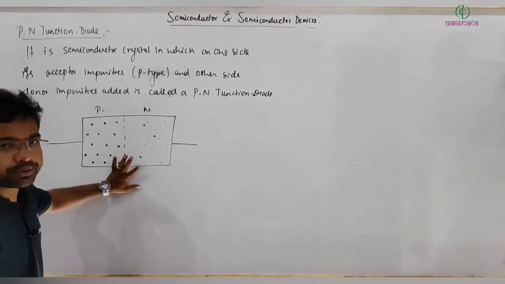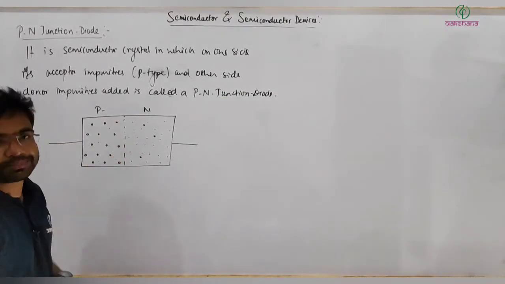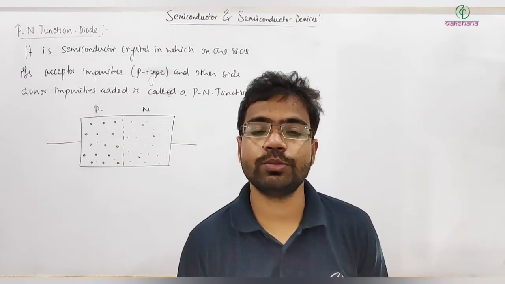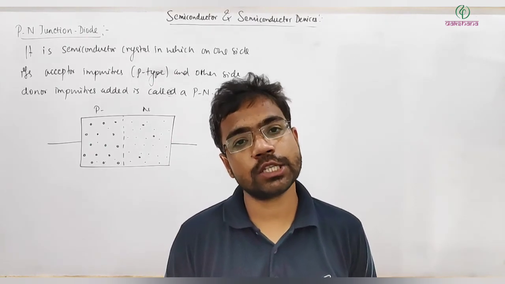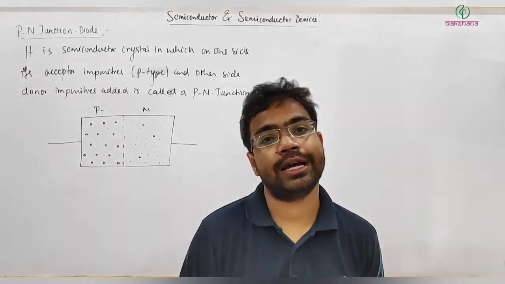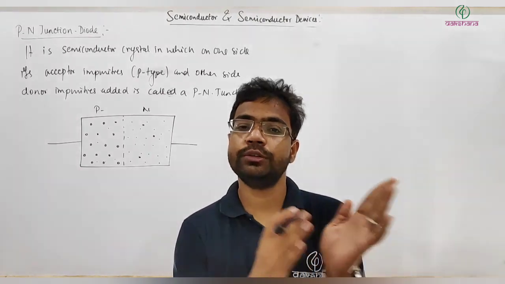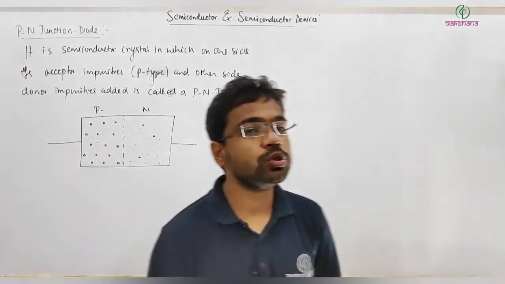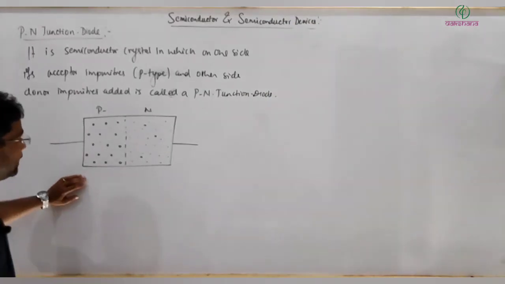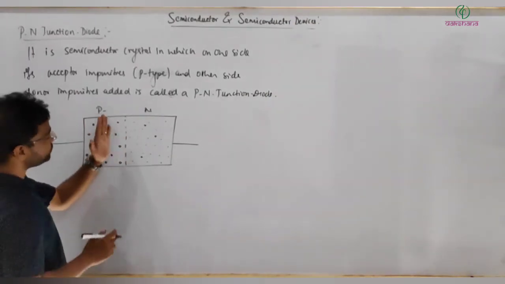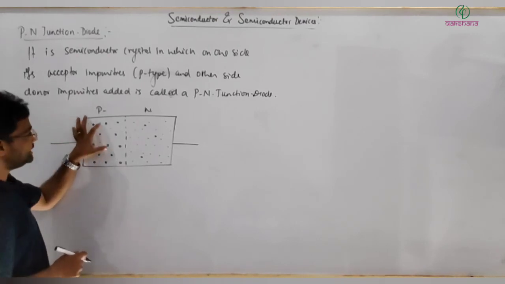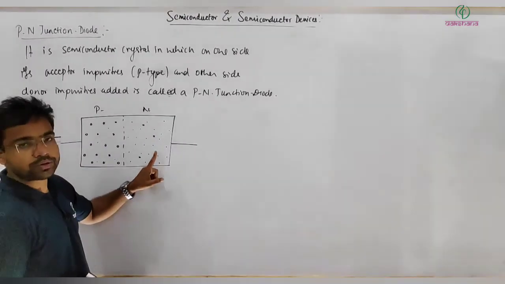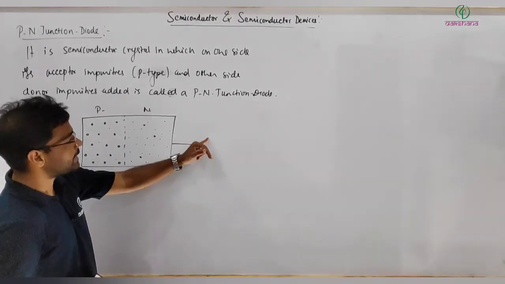Now if we allow it to settle for some time, then because of the diffusion process, and you must know that whenever the concentration of something is higher on one side, it tries to diffuse to the region where its concentration is less. So in this region there is higher hole concentration, here higher electron concentration, but these can't diffuse this side.